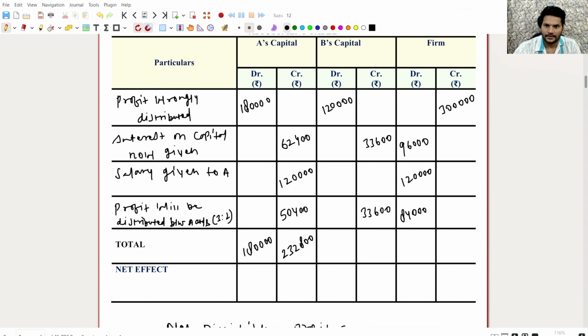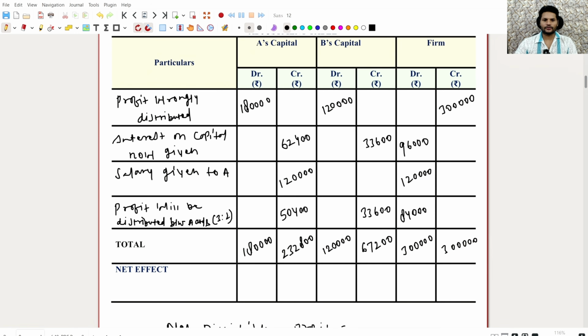Okay. So what is the total of B's capital debit side? That is 120,000. And what is the total of credit side? 67,200. Perfect. Now the total of debit side of firm account will be 3 lakh, and again 3 lakh.